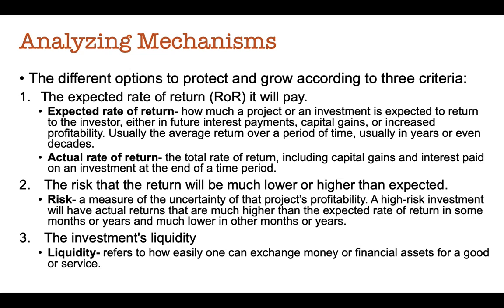The last criteria is liquidity. Liquidity refers to how quickly you can exchange whatever investment or saving you've made into cash to buy goods or services. An example of something that is quite liquid would be the balance you have in a traditional savings account. You can typically go to an ATM, withdraw cash from that account, and use it to buy goods or services very, very quickly, in a matter of minutes.